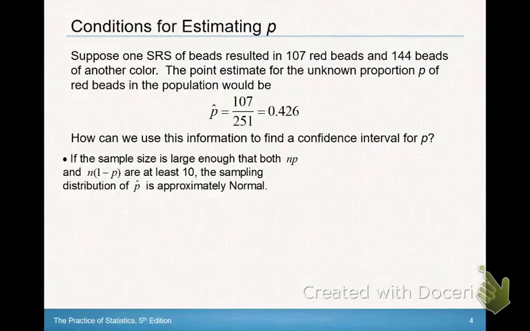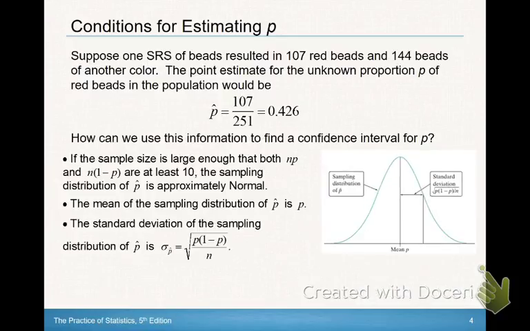There are a couple of rules that we have to follow. If the sample size is large enough that both np and nq are at least 10, the sampling distribution for p hat is approximately normal. The mean of the sampling distribution of p hat should be equal to p. And the standard deviation of the sampling distribution of p hat, as you should know from last chapter, is the square root of pq over n.